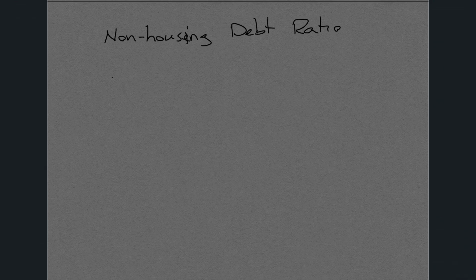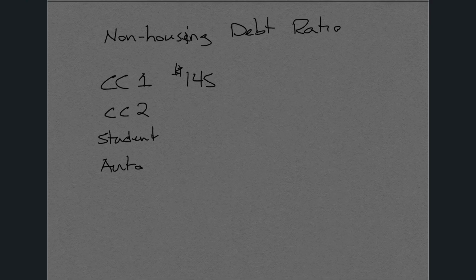So let's say that someone has a couple of credit cards, credit card 1, credit card 2, student loans, and let's say they have an auto loan as well. Let's say that their monthly payment on the first credit card is $145 a month. Say credit card number 2 has a lower balance, so let's say $80 a month.